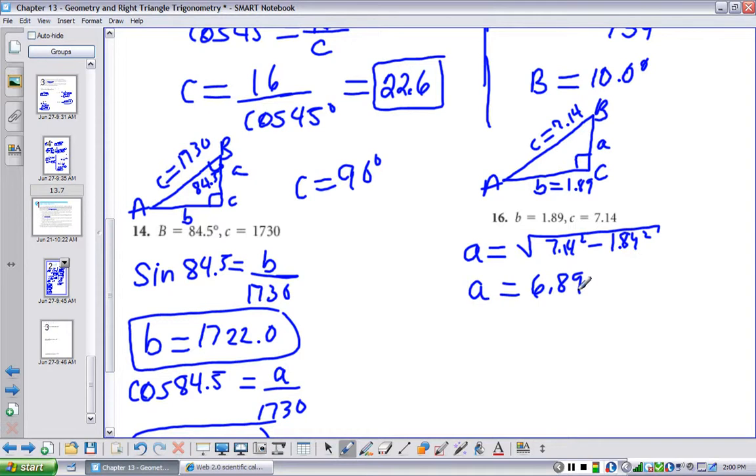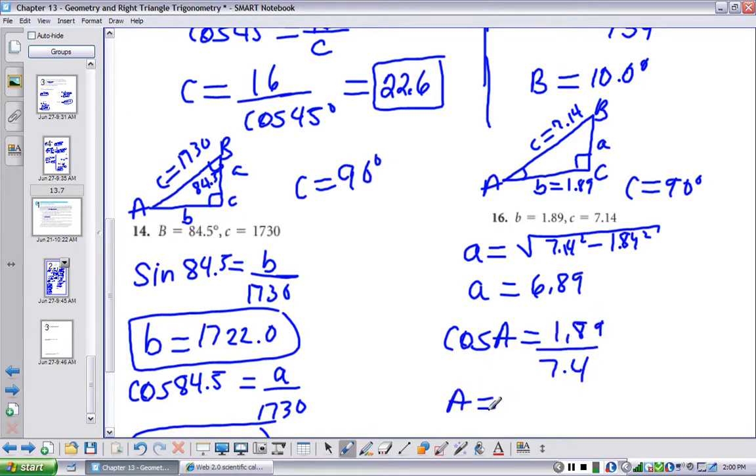And now let's try to find these angles. Notice we're given the hypotenuse and one of the legs. So if I think about finding my angle A, we know the big C, of course, is 90 degrees. I'm given the adjacent and hypotenuse, so cosine A is the adjacent over the hypotenuse.